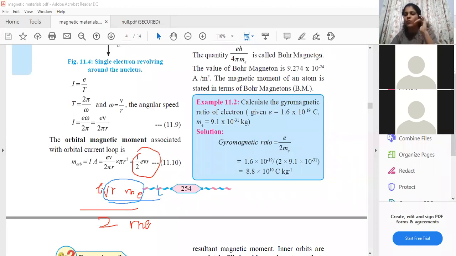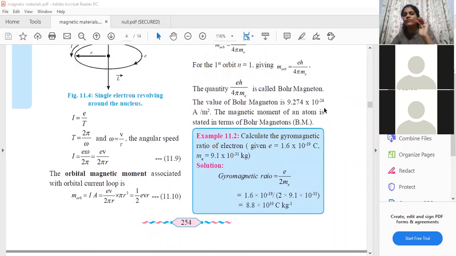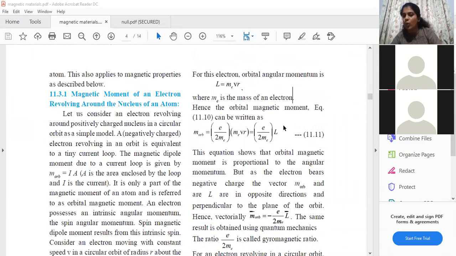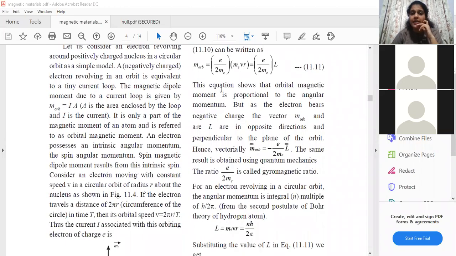So basically what I'm trying to say is you all have to find a way to substitute this L into the magnetic moment formula. See what they have done in your textbook. Multiply and divide by m_e. So here in the numerator, you can substitute L and you will get this formula. You have modified the formula for magnetic moment. Now, students, this M equal to eL upon 2m_e is in scalar form.